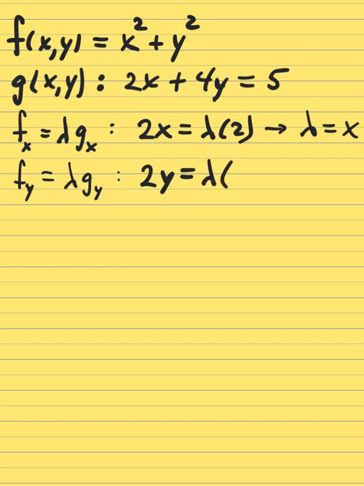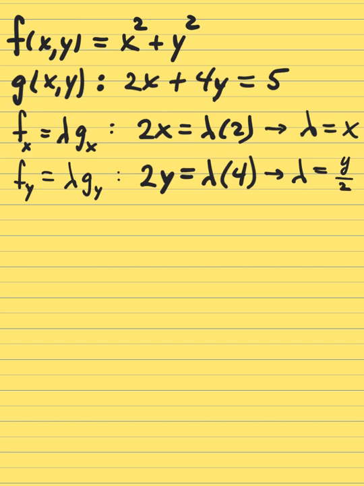The derivative of the constraint with respect to y is going to be 0, 4, and 0, so just 4. Divide both sides by 4, and you will get lambda to be y over 2.